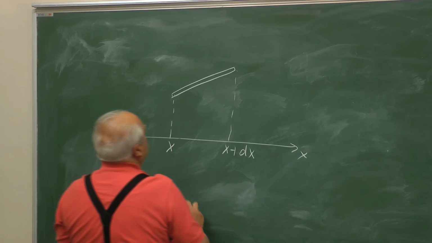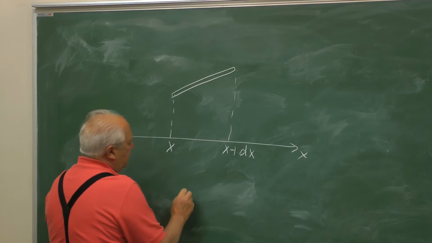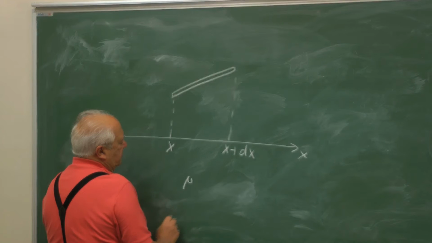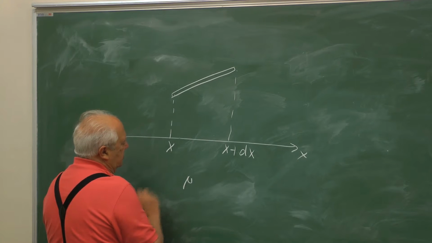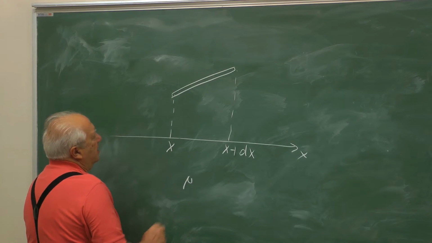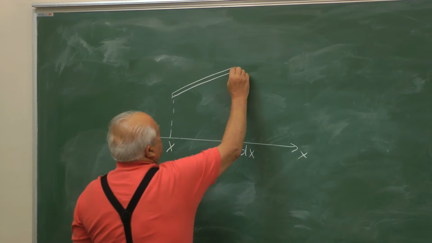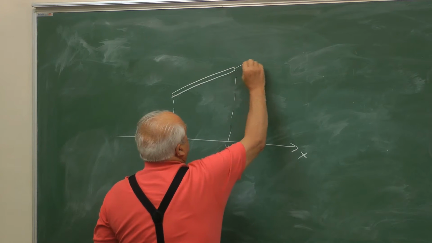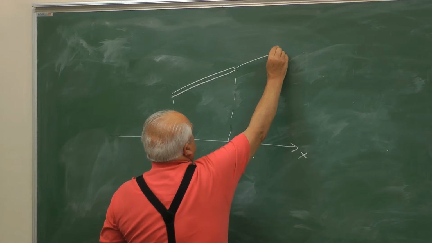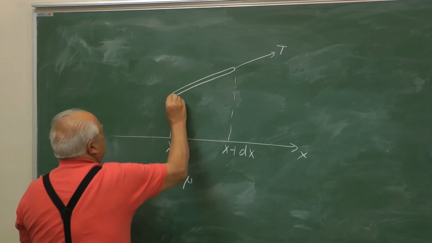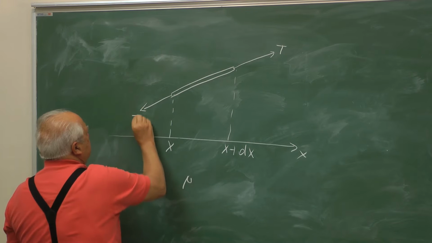And we are considering a string of mass density mu. And here there is a tension, and here's tension, pulling it this way.